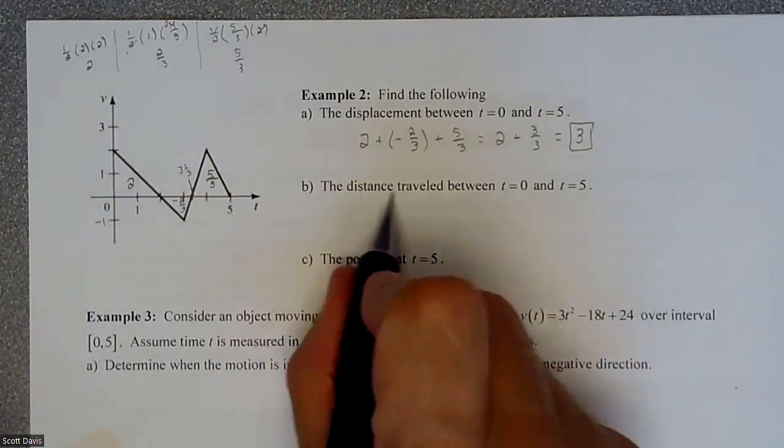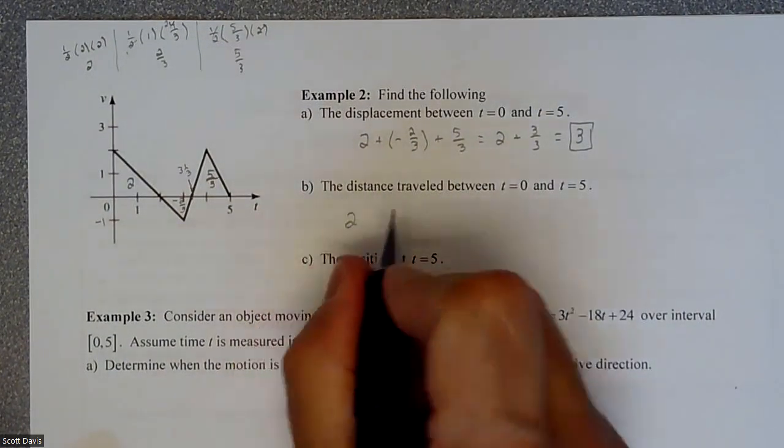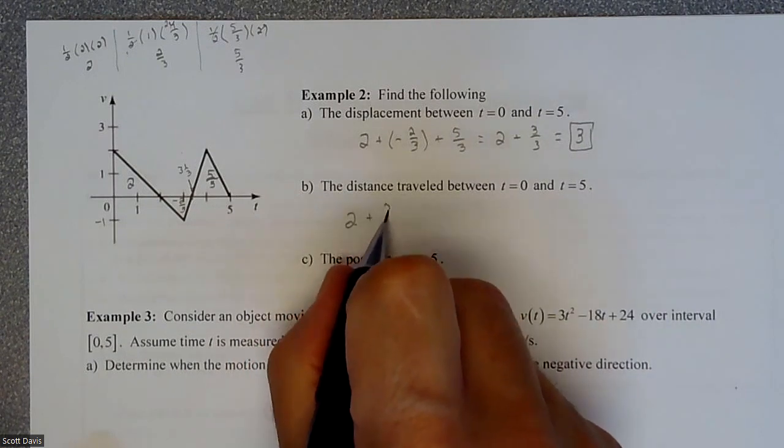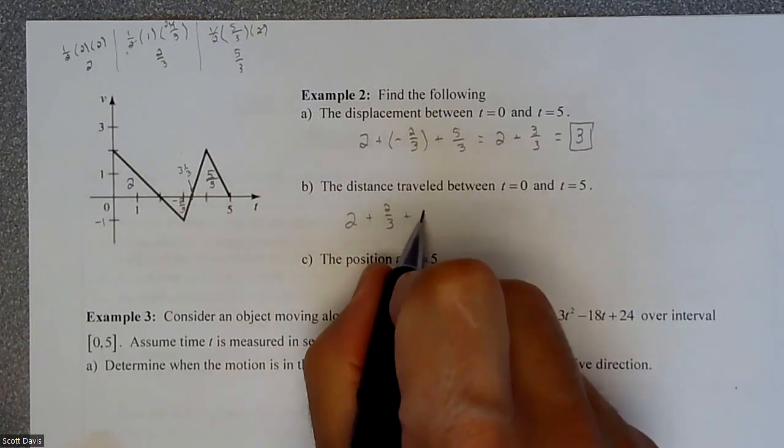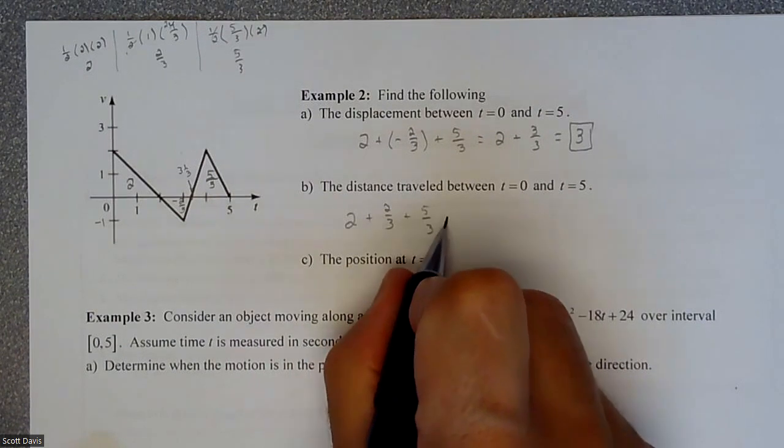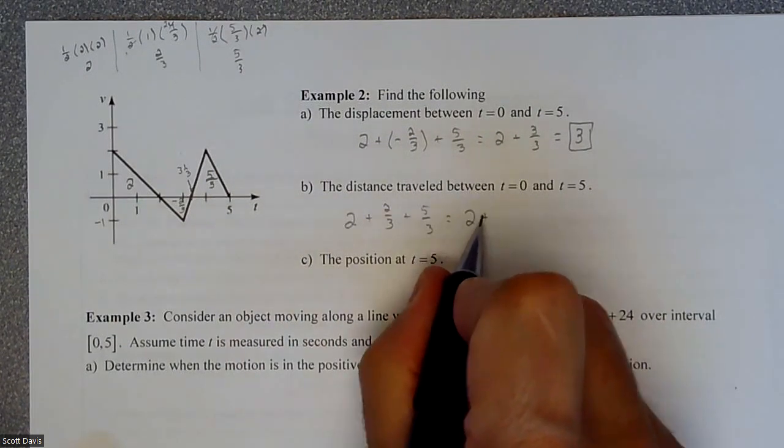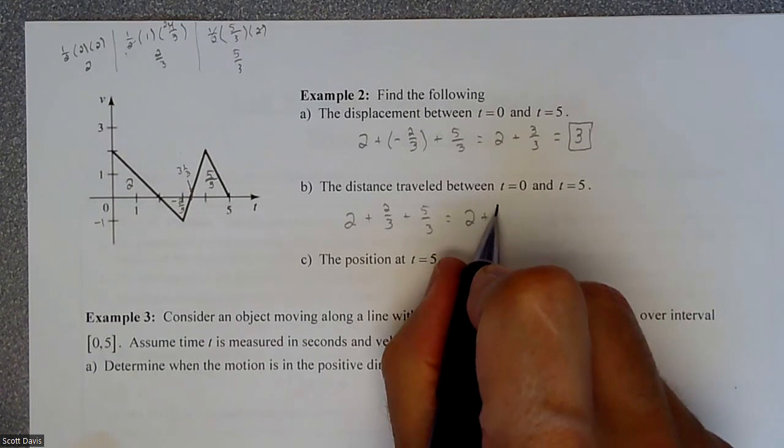Our total distance traveled is now going to treat everything as a positive. So we'll be adding the 2/3 rather than subtracting it. So we're looking at 2 plus 7/3.